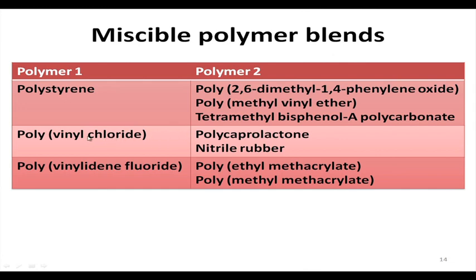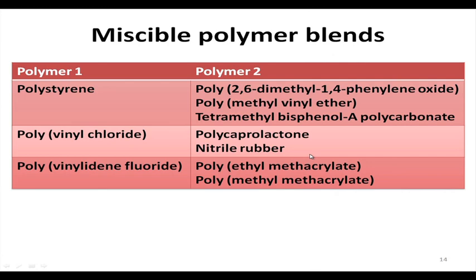So, we can mix polyvinyl chloride with polycarbonate, or we can take PVC as the matrix, in which we can include a little amount of polycaprolactone. Then we can have a blend of PVC with nitrile rubber.